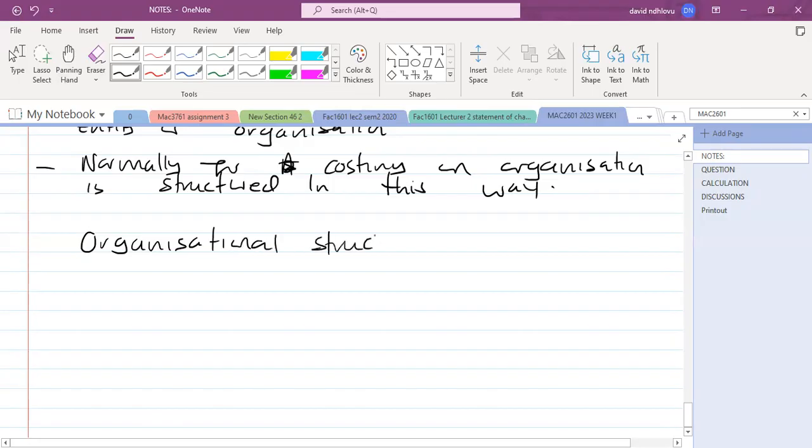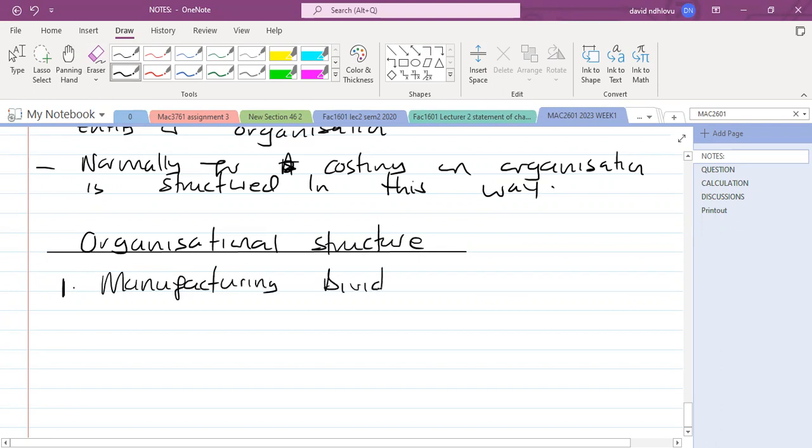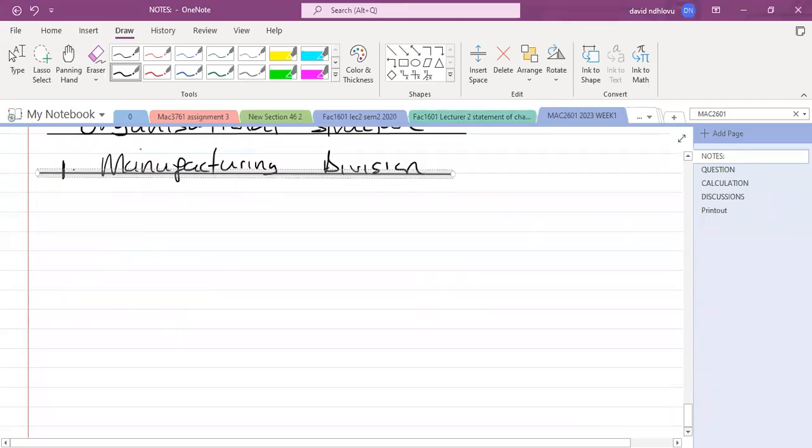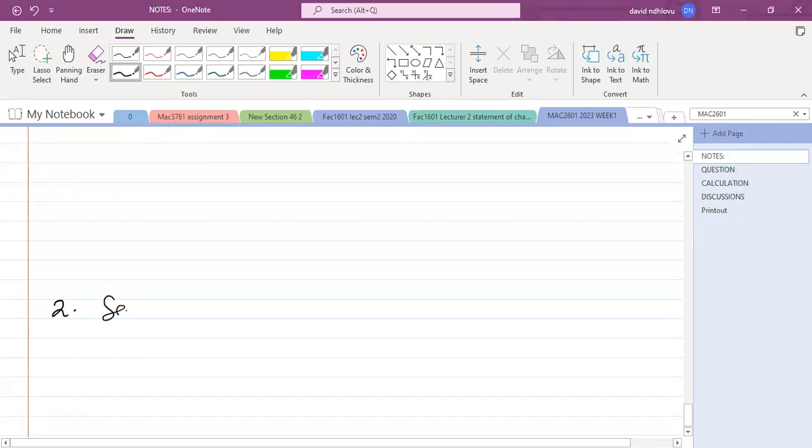By the way, we are assuming that we are dealing with a manufacturing concern in most of our dealings here in management accounting. So number 1, we have what we call a manufacturing division. The organization will be structured in the form of divisions, with the first division usually called the manufacturing division. Number 2, we may then have the sales and admin division.